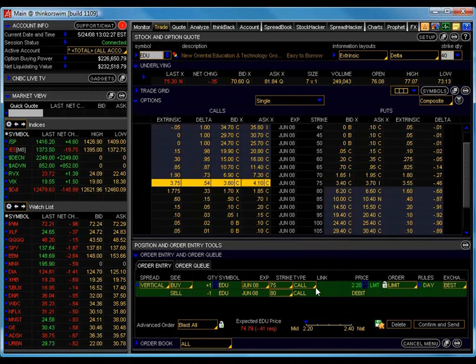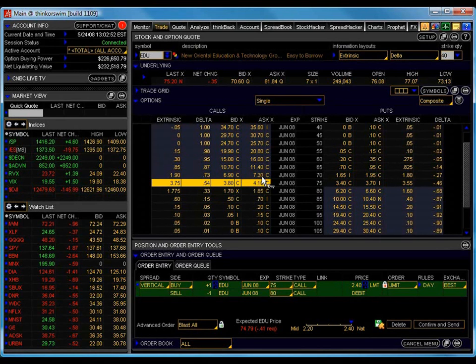And now we can enter this order as a spread, and the mid price is $2.20. The natural price is $2.40. Remember, the $2.40 was the amount of the spread when we clicked on each individual option.